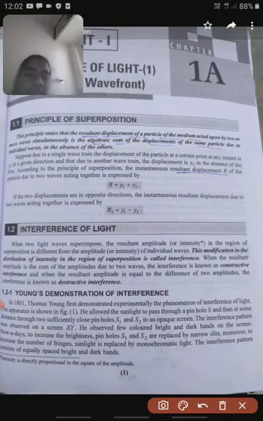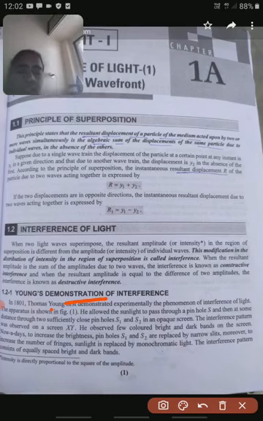Today we will discuss Young's experiment. What is the purpose, what is the use of Young's demonstration of interference? The main application of Young's experiment is that it explains interference.